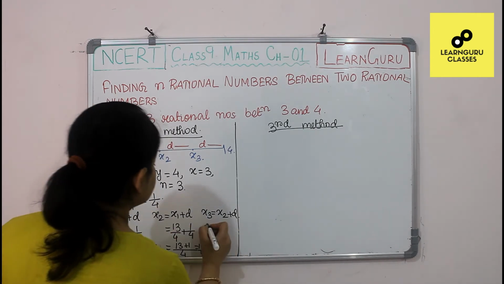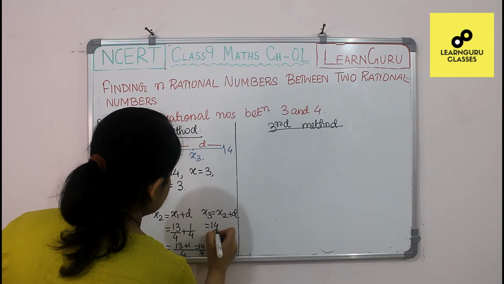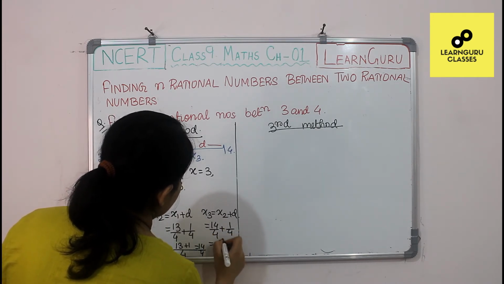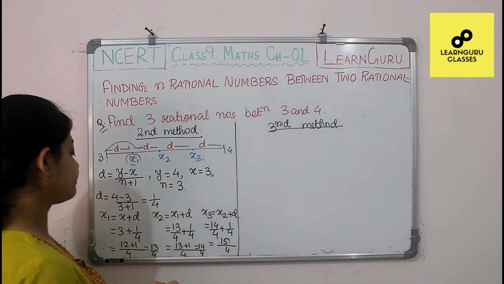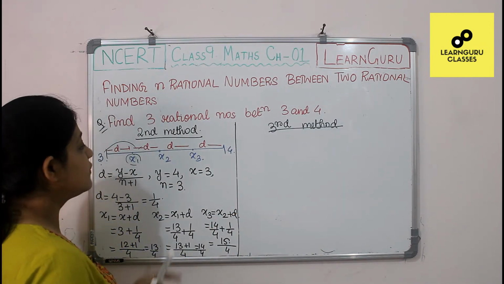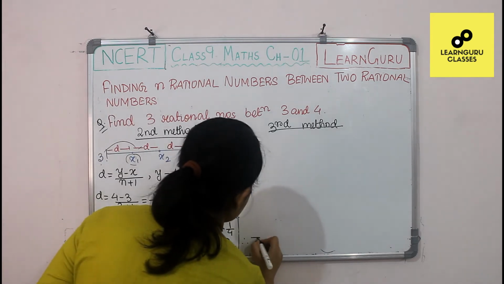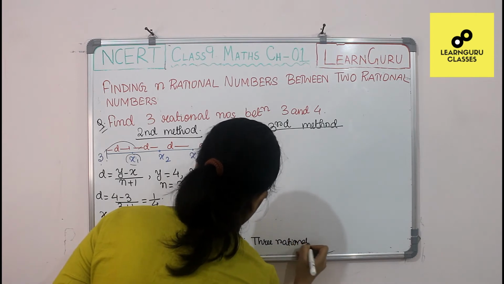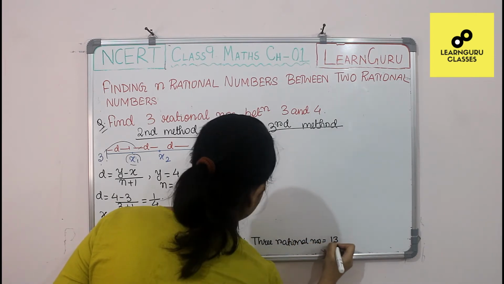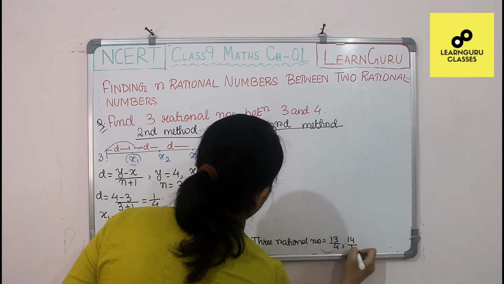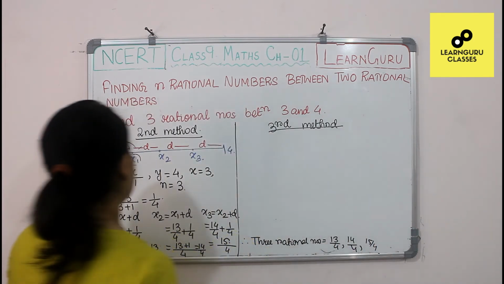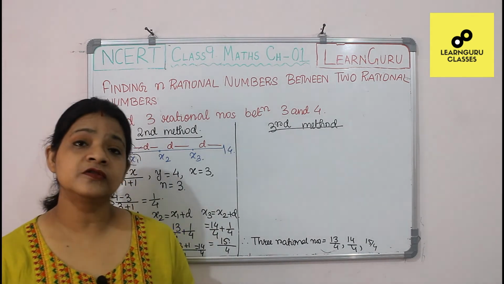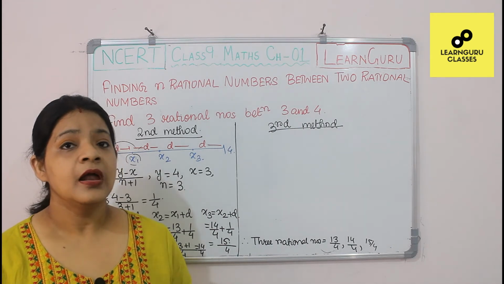And x3 equals x2 plus d, that is 14 by 4 plus 1 by 4, that is 15 by 4. So you are getting 3 rational numbers. Therefore the 3 rational numbers are 13 by 4, 14 by 4, 15 by 4. In this way, this is the second method which we use to find the 3 rational numbers.